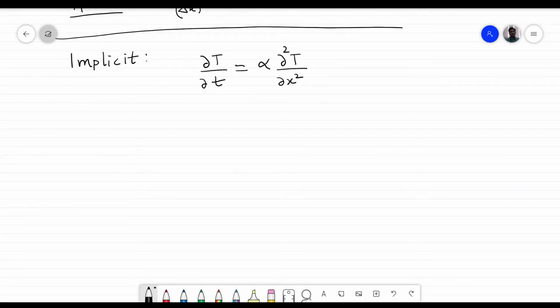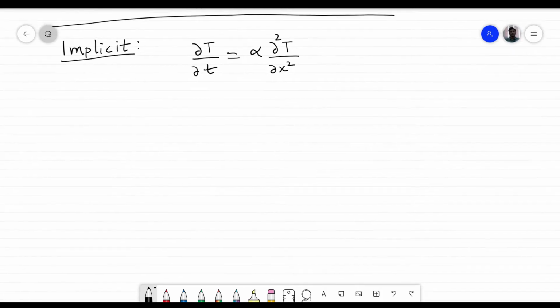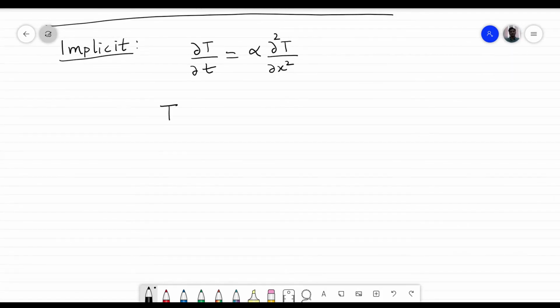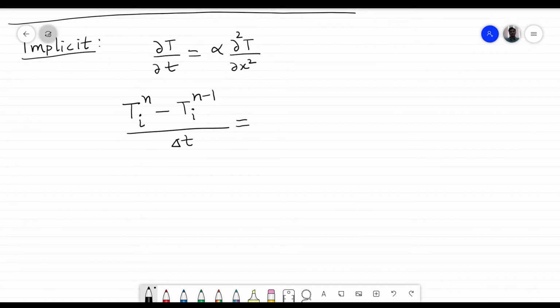Now let us discretize it, which we have already done before. Either we write Tn minus Tn minus 1 at some grid point I by delta T, or we can also write Tn plus 1 minus Tn if we increment the superscript n by 1 throughout. We can also do that.